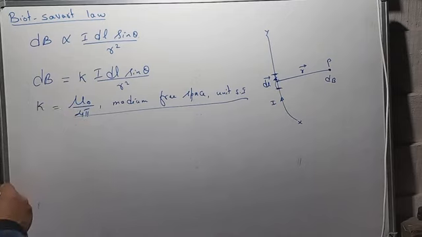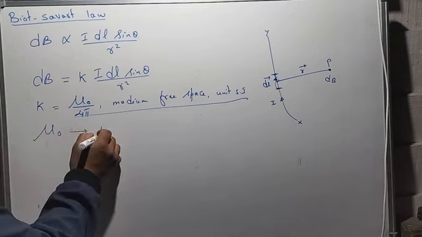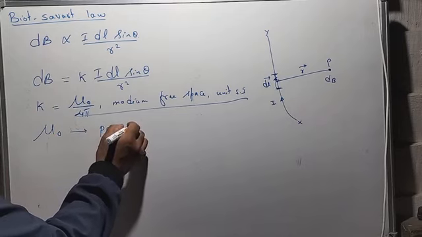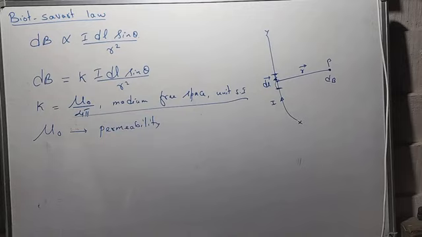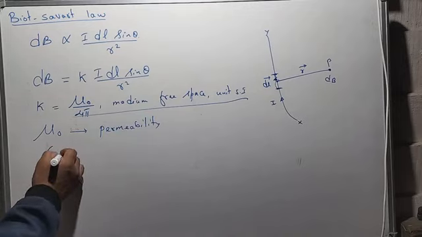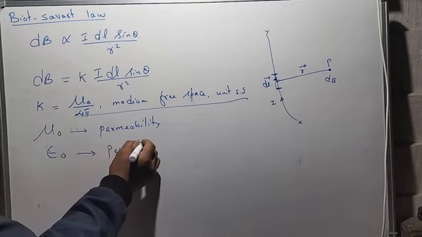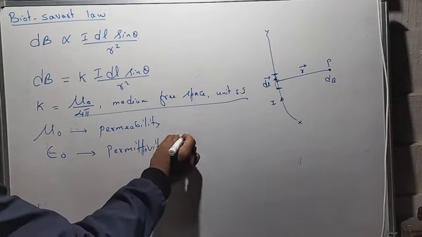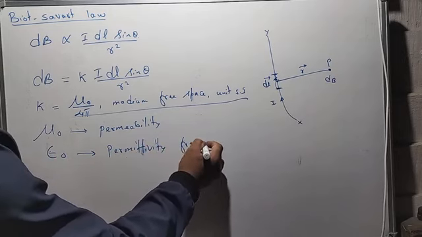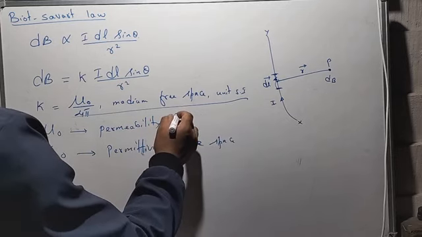And this mu naught is known as permeability. This constant mu naught is just like epsilon naught. What is epsilon naught? It is the permittivity of free space. Similarly, mu naught is the permeability of free space.